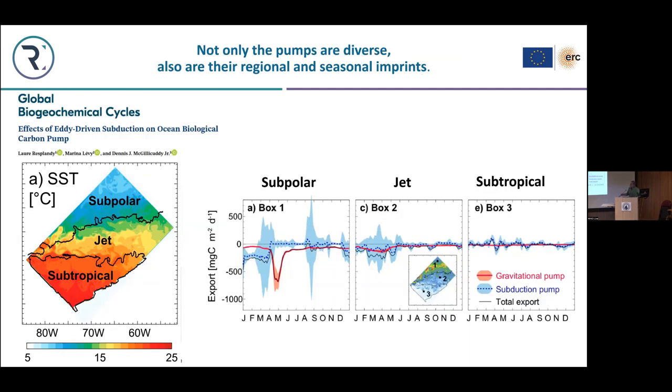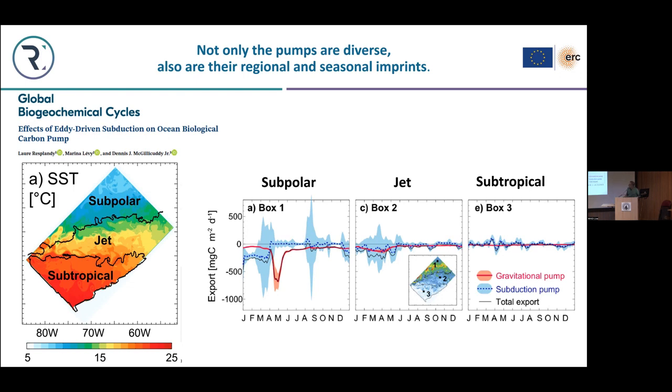We heard about this during the previous period of the meeting. From the modeling study by Resplandy et al., we know that these various pumps do not have the same phenological sequence or the same imprint in various regional areas. Here are the results of a high-resolution modeling study in the North Atlantic with three regimes: subtropical, jet, and subpolar.